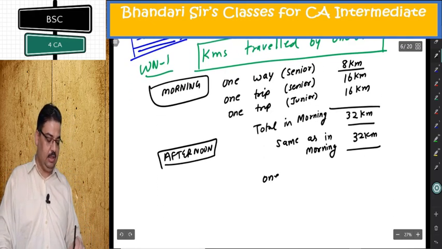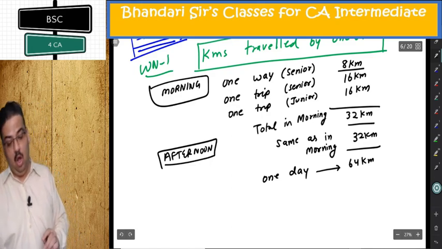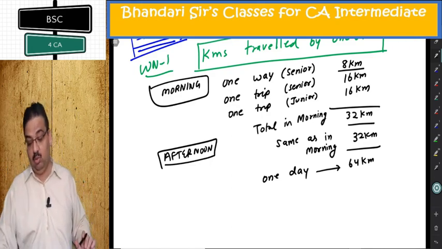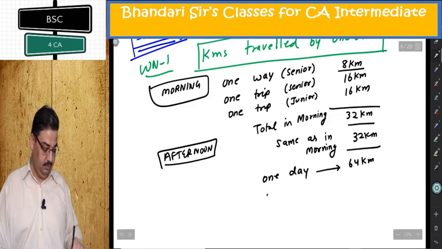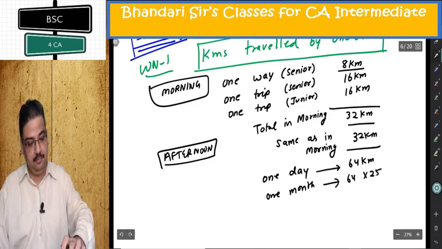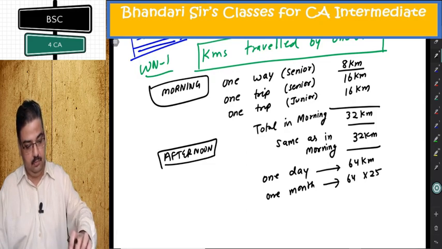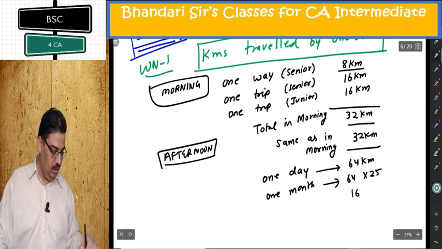One day distance traveled, 64 kilometers. How many days in the month is it working? It is written next: the school works 25 days in a month. So 1 month, 64 into 25, 1600 kilometers.